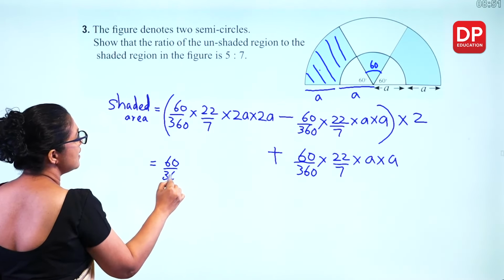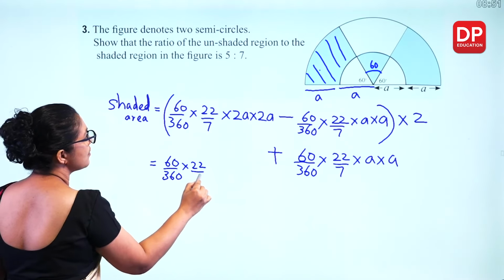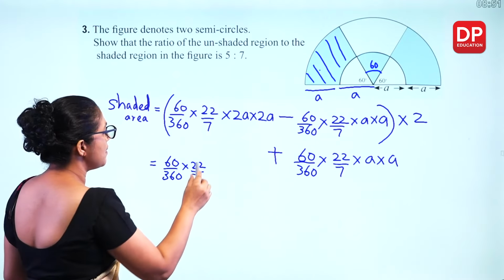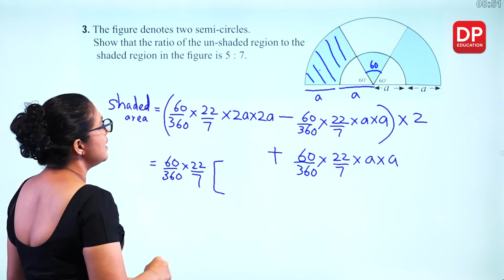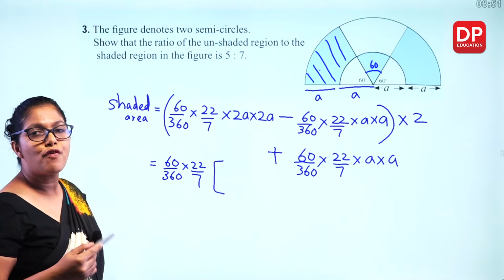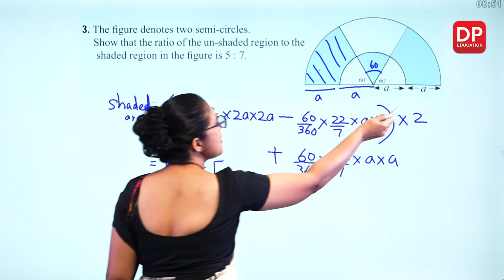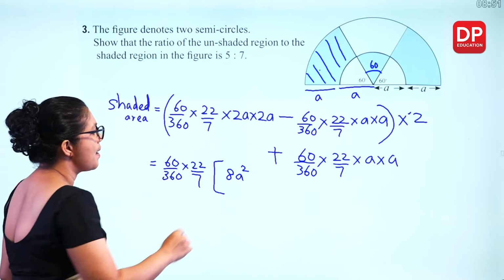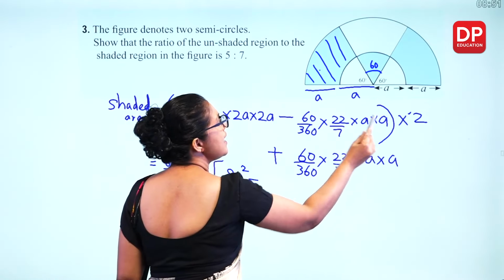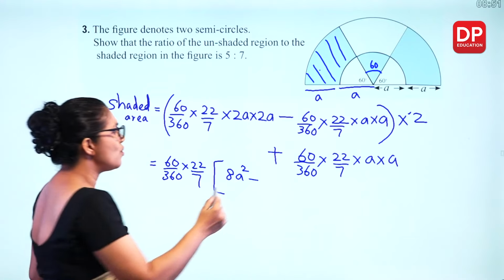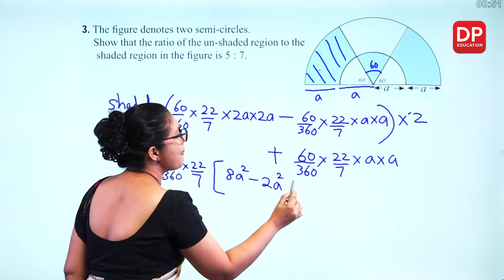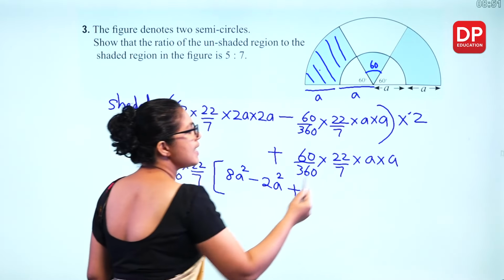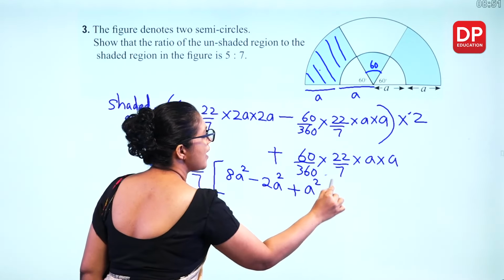I'll take that out, and the other part I'll simplify separately. I get 2A times 2A, 4A squared, multiplied by 2 gives 8A squared, minus A squared multiplied by 2, 2A squared, then plus the part I took out, A times A squared.